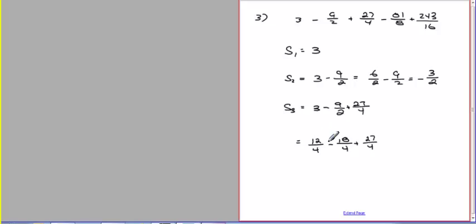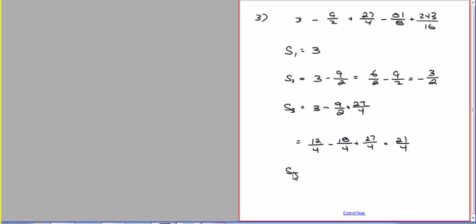And if we took the first 2 terms, we would get negative 6 fourths, which would be negative 3 halves, so that checks out. Okay, so I'm going to add these in the numerator, so we'll have 12 minus 18 plus 27 is 21 fourths.